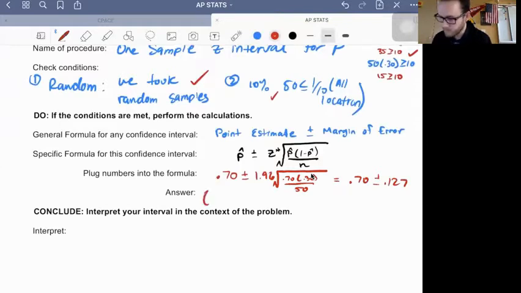which gives us an interval from 0.573 to 0.827.